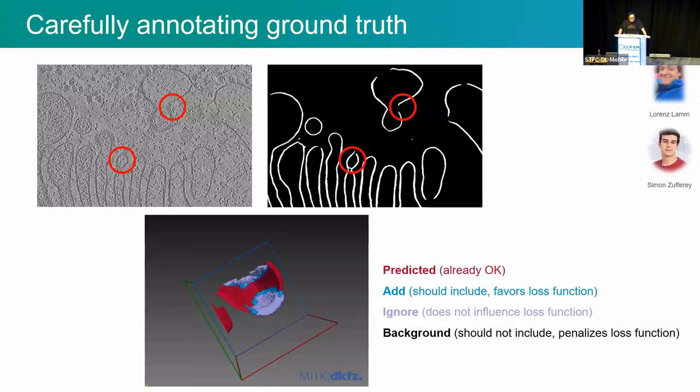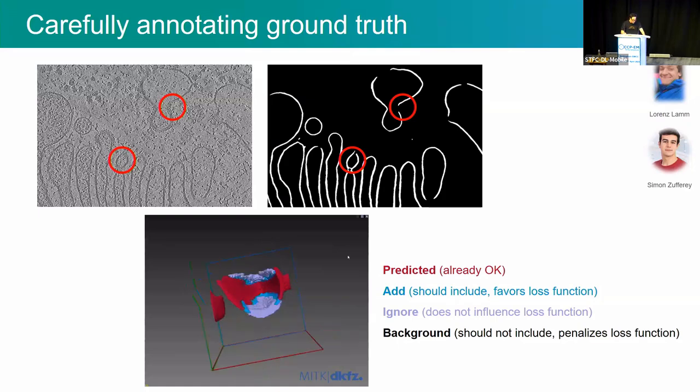We are lucky to have a great student, Simon, who is now working on annotating ground truth for training MemBrain-seg. In this example, the network works on patches of the tomograms. After running a prediction, Simon takes a look at the prediction and manually annotates corrections.